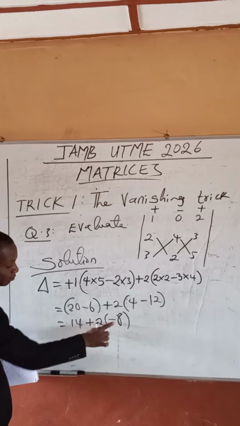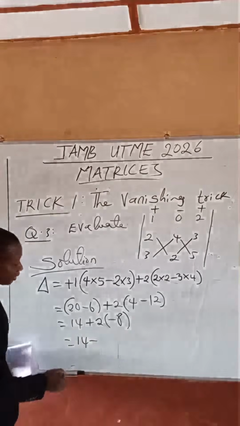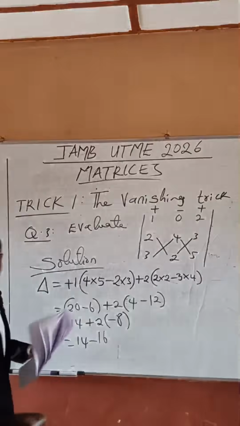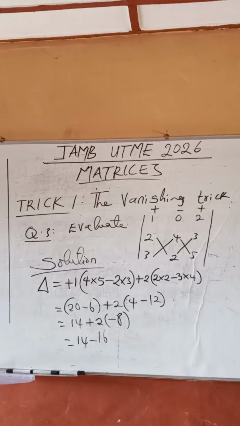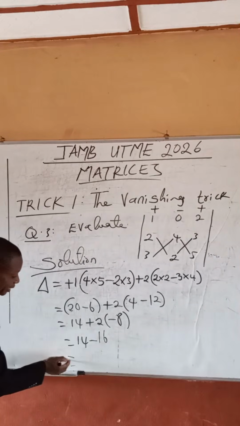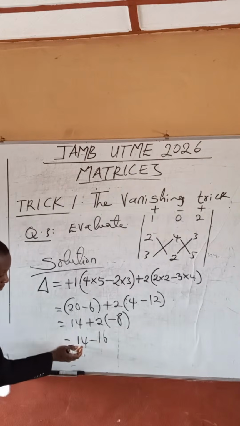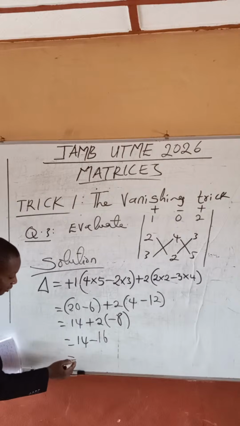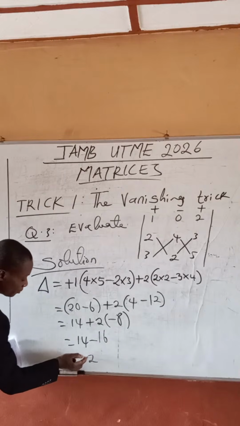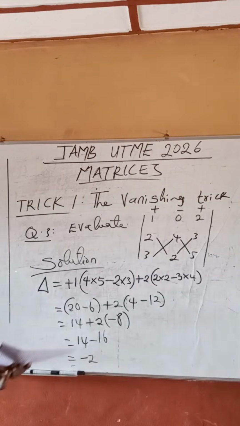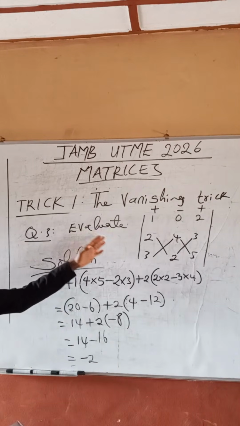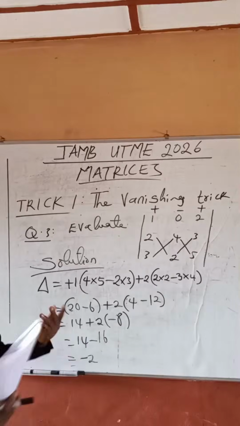Then plus times this minus is minus, and 2 times 8 is 16. Then we can take the difference here. Remember, it is a bigger number being subtracted from a smaller number. Therefore, we are going to have minus 2. This is the answer to the question. This is what we call the determinant of this matrix. That is how simple it is.